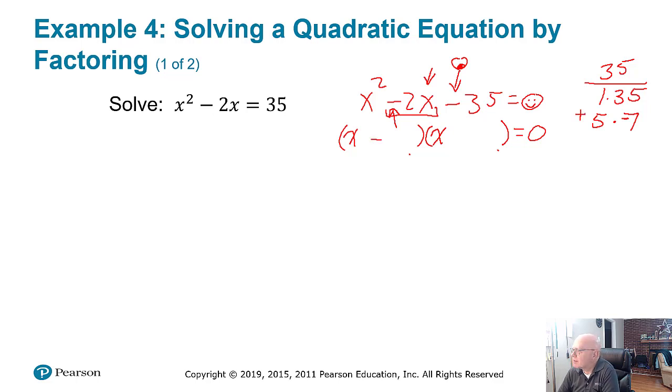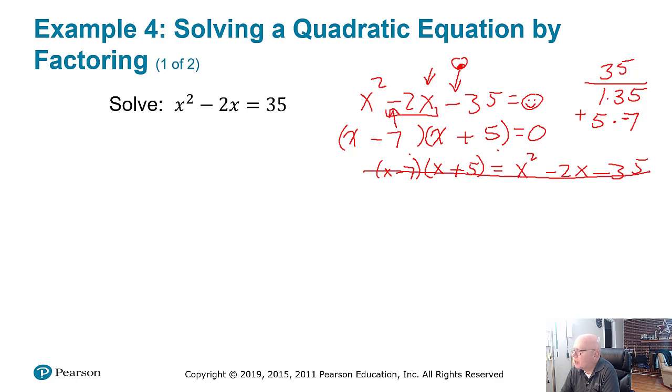So x minus 7 times x plus 5, and there you go. You've got it factored. Next, just to make sure, maybe off to the side or wherever you feel comfortable doing it, multiply those two together. Make sure you get the x squared minus 2x minus 35. Okay, got that? We're in good shape.